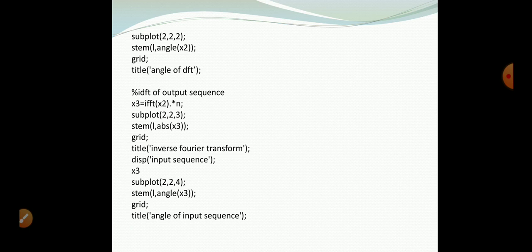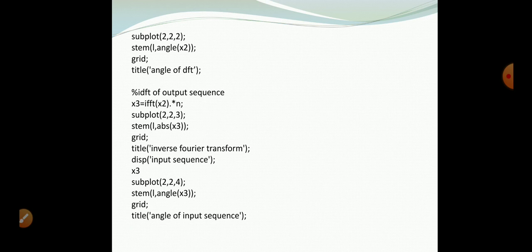To find the inverse discrete Fourier transform of the output sequence, we have the inbuilt MATLAB function ifft of x2 dot into n. Subplot 2, 2, 3 is the third figure, the magnitude of the inverse discrete Fourier transform of the output sequence, and grid and title are given to represent the figure, and display x3 is used to show this input sequence x3 in the command window.